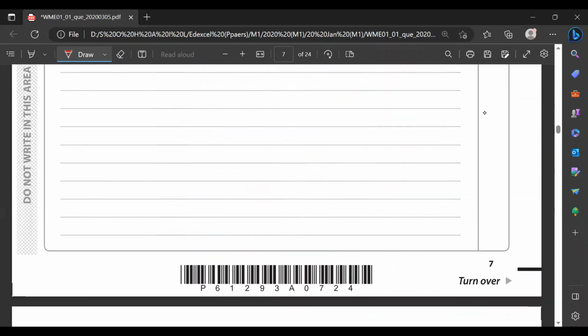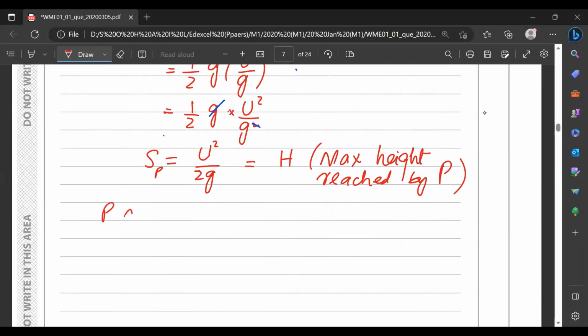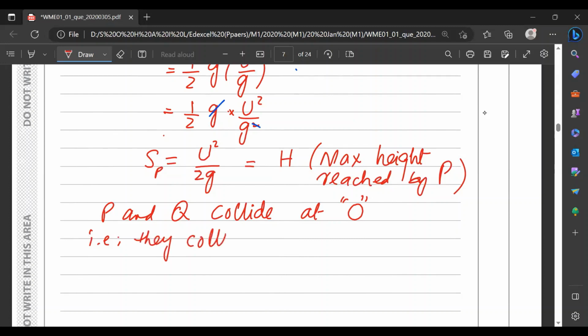I can write a statement: P and Q collide at O. O means they collide at the point of projection.